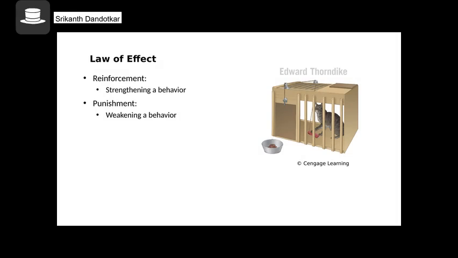This increase in likelihood of the cat pressing the lever is called reinforcement. Reinforcement is a way to strengthen a particular behavior. At the same time, the cat learns not to press other things.